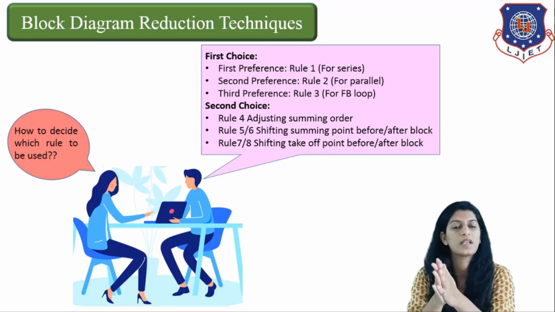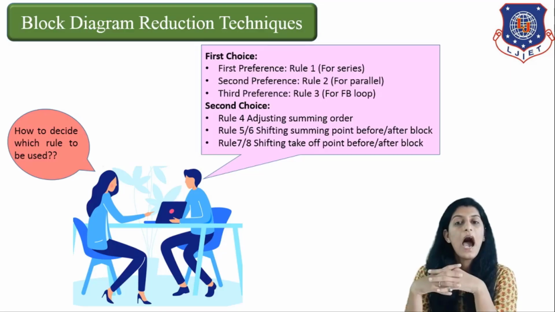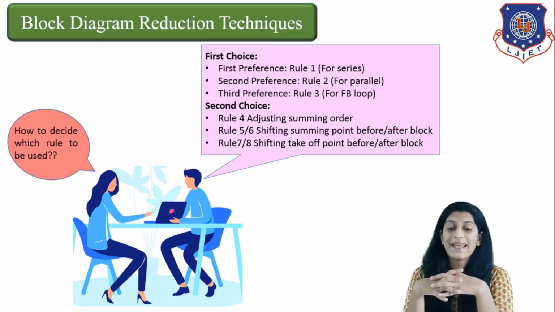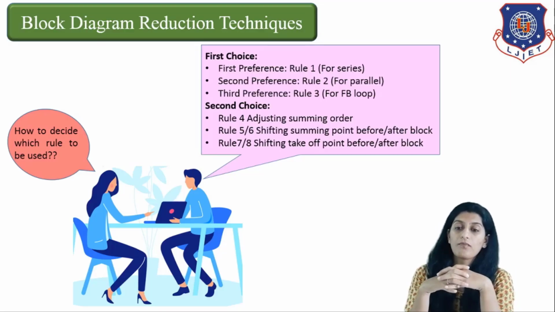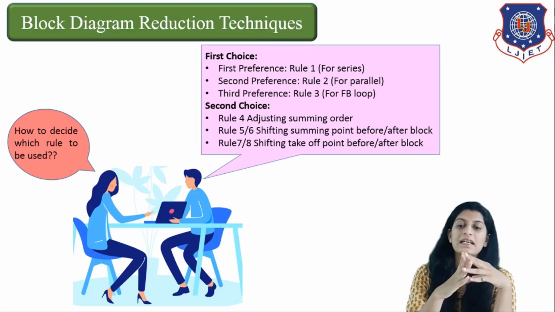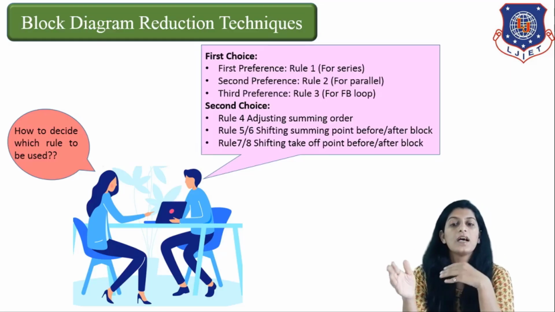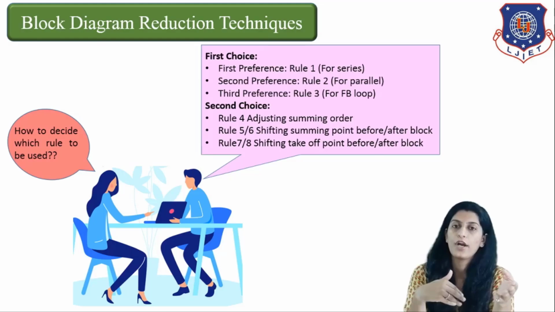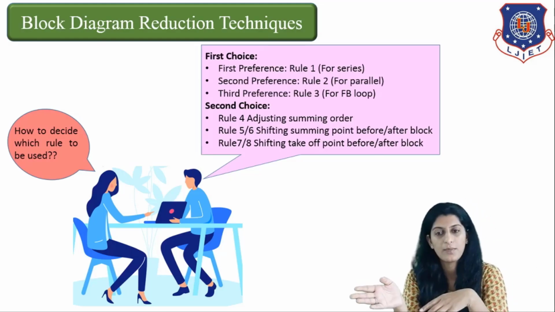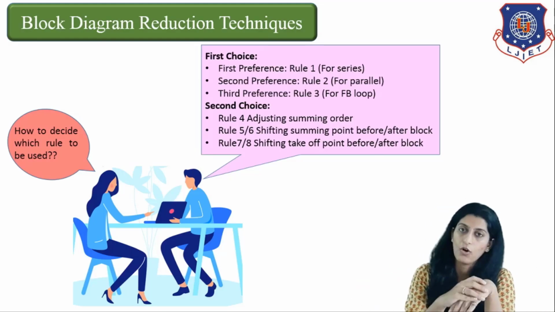So these 3 will be our first preference. After this, our next preference should be rule number 4, 5, 6, 7 and 8, which are the adjustment of the summing point or shifting from before and after the block, or shifting of the takeoff point.